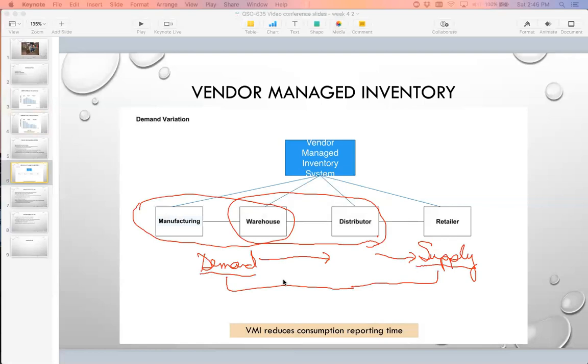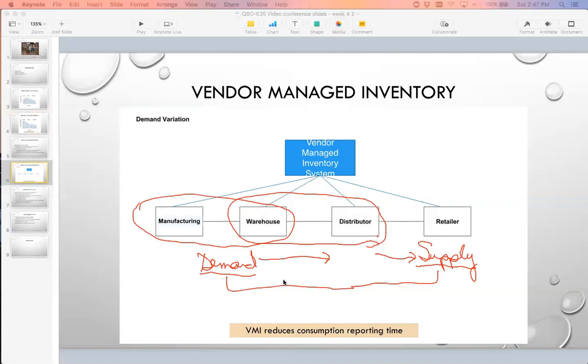You can also make agreements about warehousing. Let's say if supply is higher than the demand, then you may make an agreement with the warehouse in a way that benefits manufacturing, or vice versa.